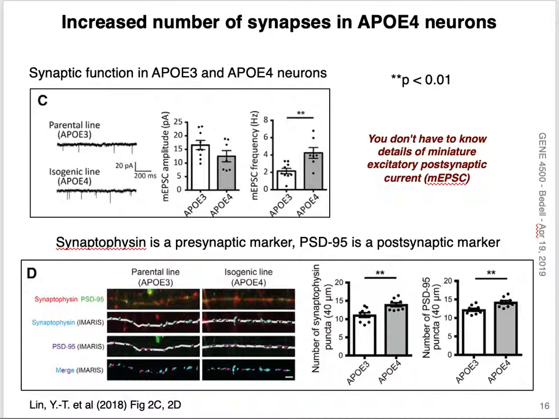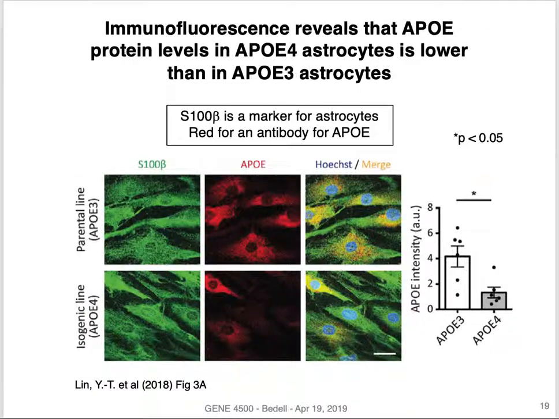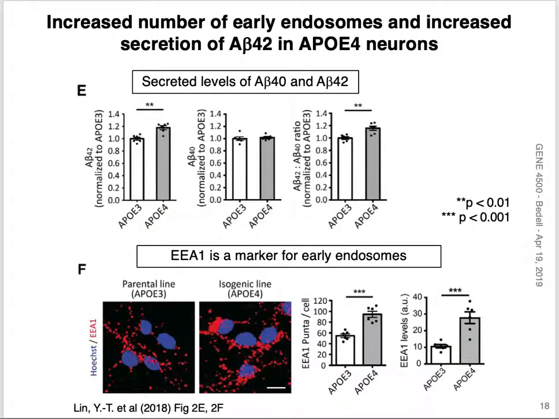Okay, endosomes have to do with endocytic pathways, so what neurons do is they take up the... EEA1 is a marker specifically showing them where the endosomes are. And this is relating to the fact that these neurons, we're still looking at neurons, that the secreted levels of these A-beta peptides, remember the processing, right?